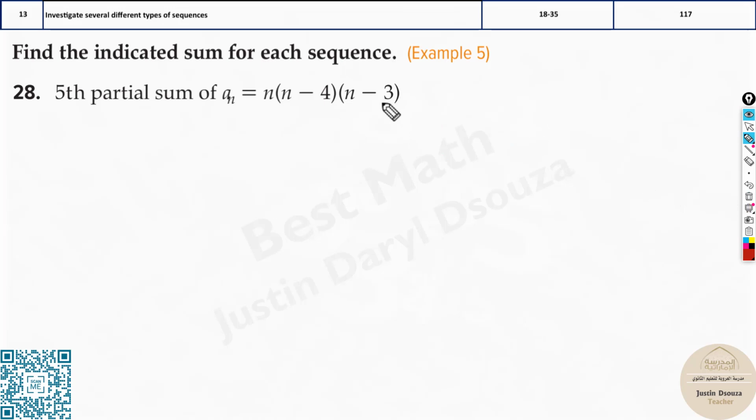In such cases, these are different types of sequences, so you cannot use the formulas. It's better to do it in a simple way. Find the 5 terms, find a1, a2, a3, a4, a5, and then just add them up. It will take time, but since you have a calculator, you can just put it in the calculator.